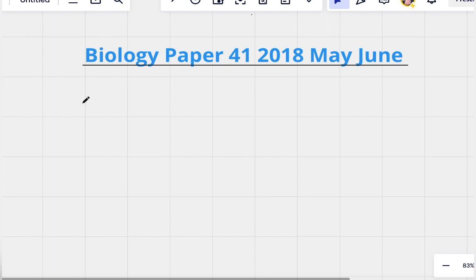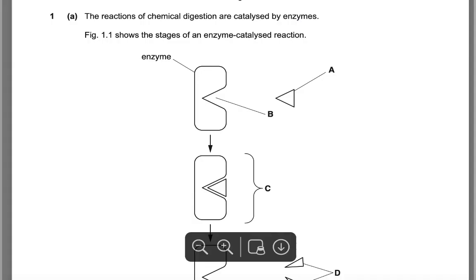So we say question 1a, Roman figure 1. We should list all the letters. A is what? A is a substrate, right? Look at it.